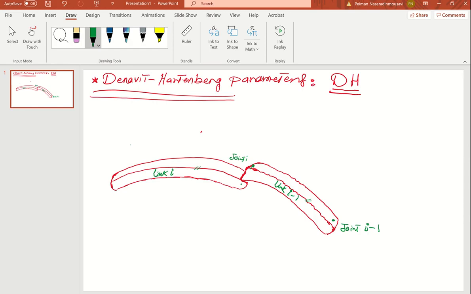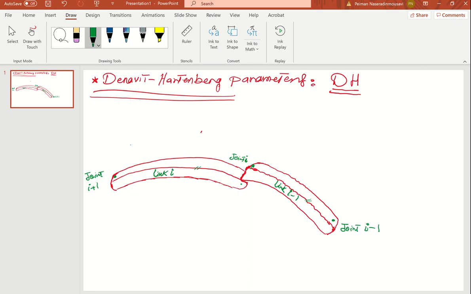So obviously this is gonna be, see, joint I minus 1, joint I, this is gonna be joint I plus 1. So joint I can be a number 1, so it's gonna be joint 0, joint 1, joint 2, or I can be 2, joint 1, joint 2, joint 3. Okay, this is just I'm plotting in general format.